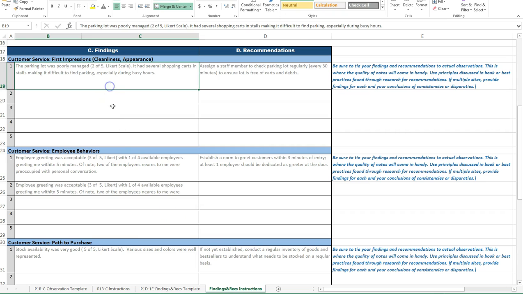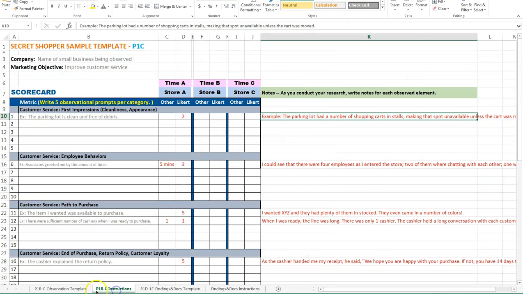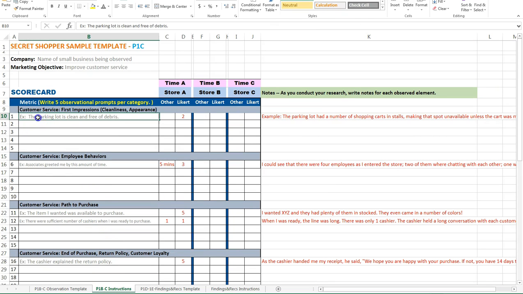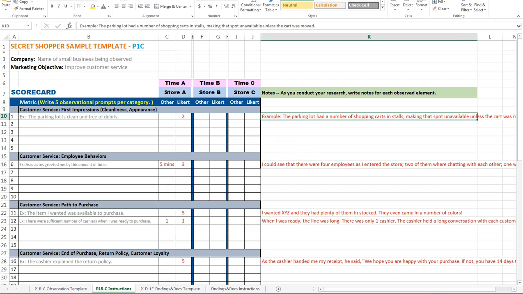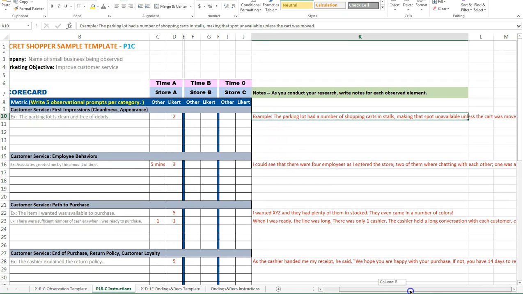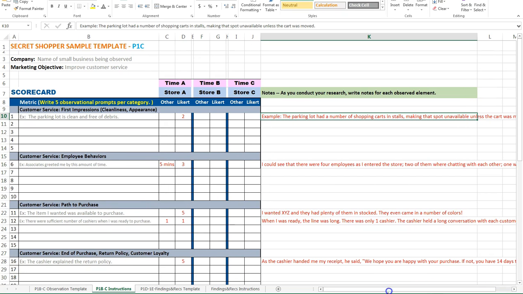So for example, if you look at my example for Project 1B and C, if you recall, I had said something for an observation like the parking lot is clean and free of debris. That was my prompt, right? And then I went and observed against that prompt. And in this case, I gave this location a 2, and then I put notes. The parking lot had a number of shopping carts in the stalls, making that spot unavailable unless the cart was moved.